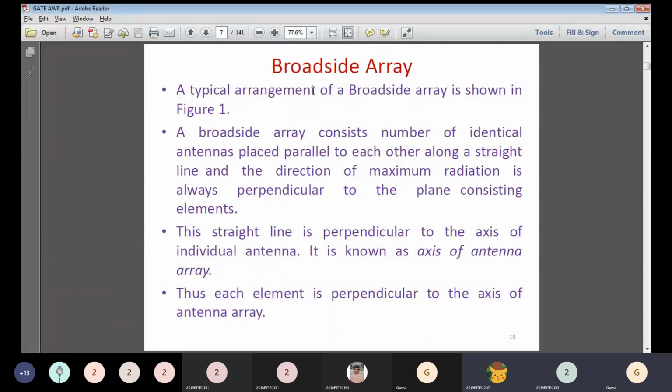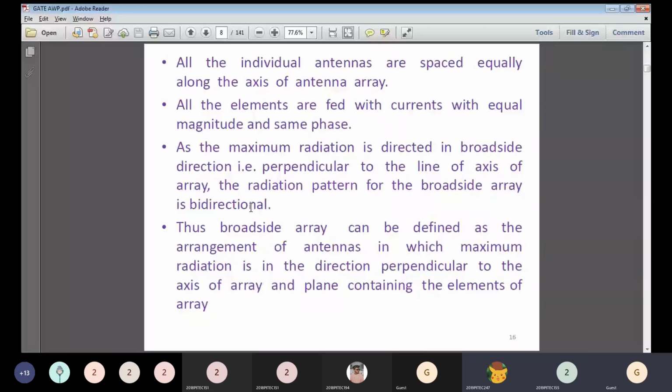Once again, a broadside array consists of a number of identical antennas placed parallel to each other along a straight line, and the direction of maximum radiation is always perpendicular to the plane consisting of the elements. So this perpendicular is going to be called figure of 8. Keep in mind, broadside array will radiate the energy in the form of figure of 8 direction. This is about your broadside antenna concept.